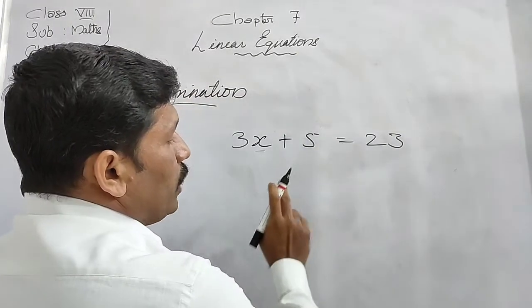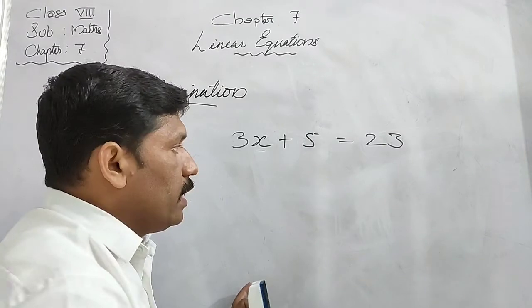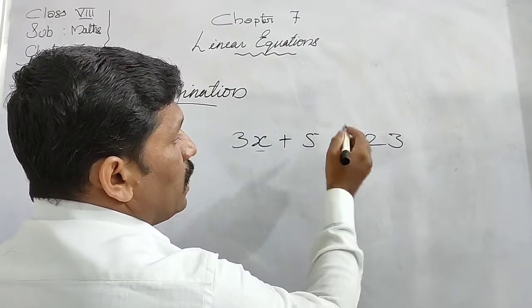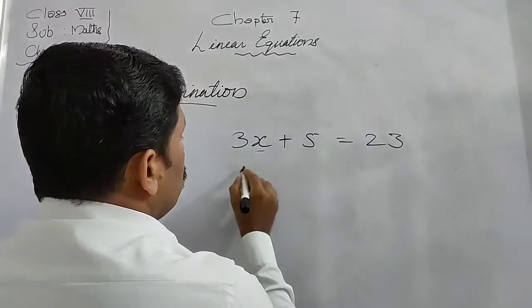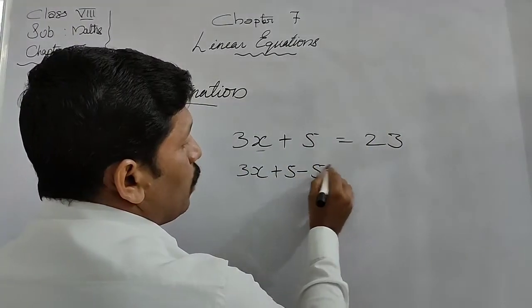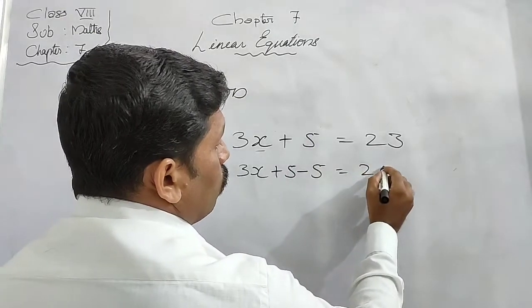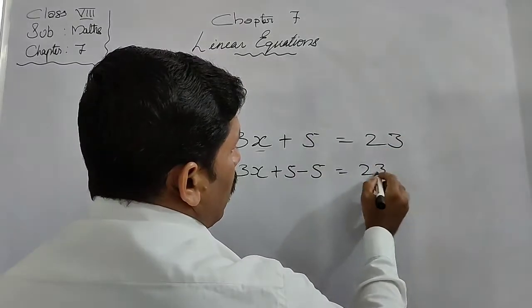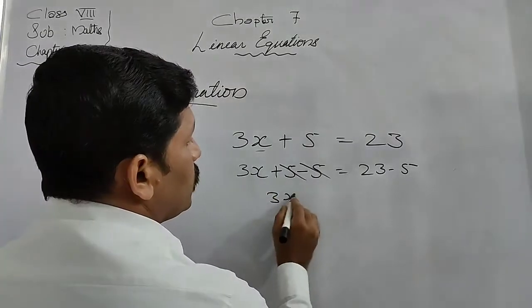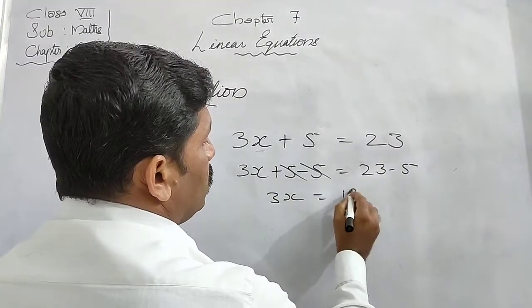In order to eliminate 5, I have to do the opposite function of plus 5. So I have to do minus 5 on both sides. Here 3x plus 5, in order to eliminate this, I subtract 5. At the same time, on the RHS also, I have to do the same thing. So this and this will be cancelled. So 3x is equal to 18.